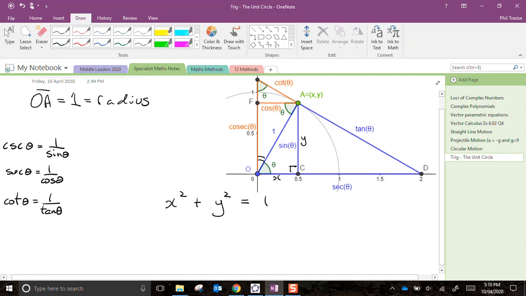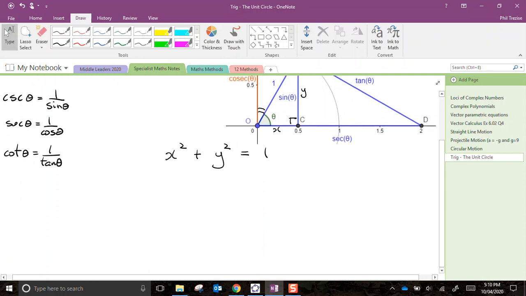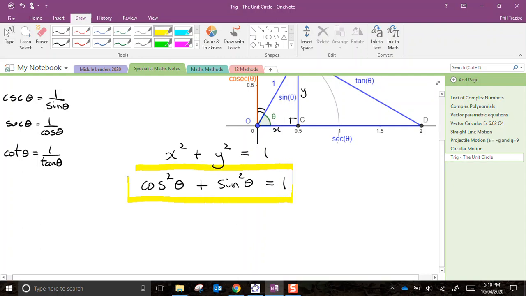Now, let's use what we had for trig ratios. X was the cosine of theta, so cosine squared theta. Y was the sine of theta, sine squared theta. That's our first expression of the Pythagorean theorem, right there.